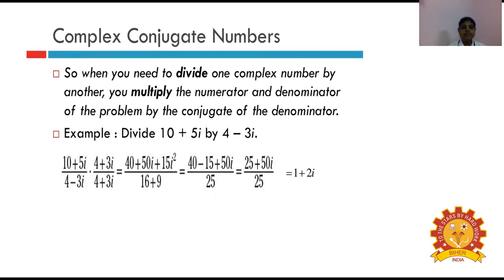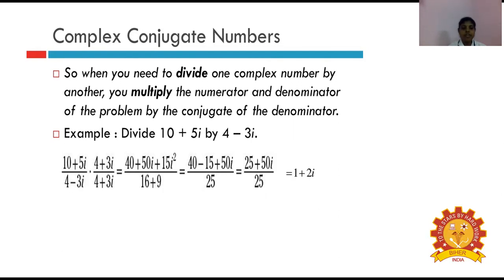So (10 plus 5i) into (4 plus 3i) equal to 40 plus 50i plus 15i square, divided by 16 plus 9. That is 4 whole square minus (3i) whole square.